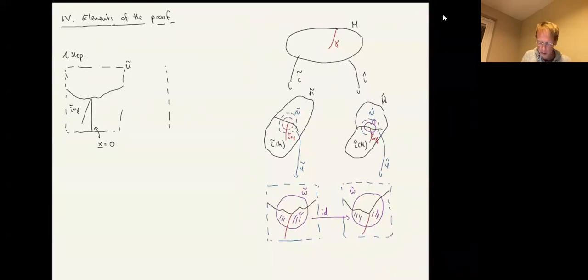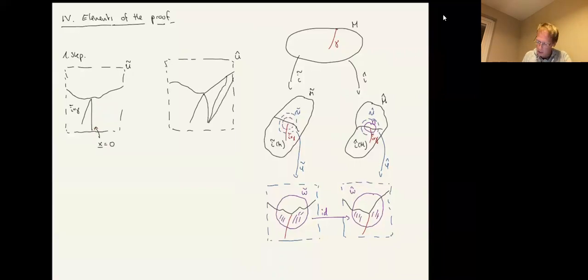But now the first problem that one has to circumvent is to show that also here in the chart, this curve x bar equal to 0 actually has the same limit point. It could a priori happen that this curve goes to a different point or even leaves the chart or something like this.